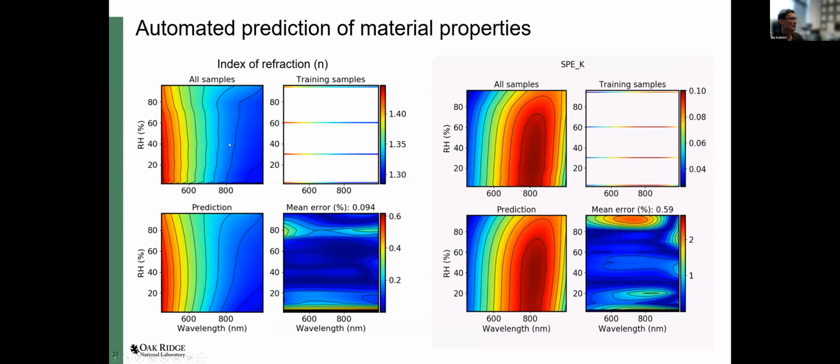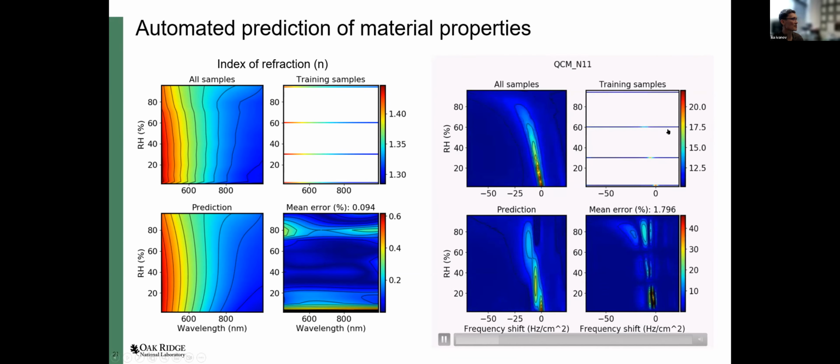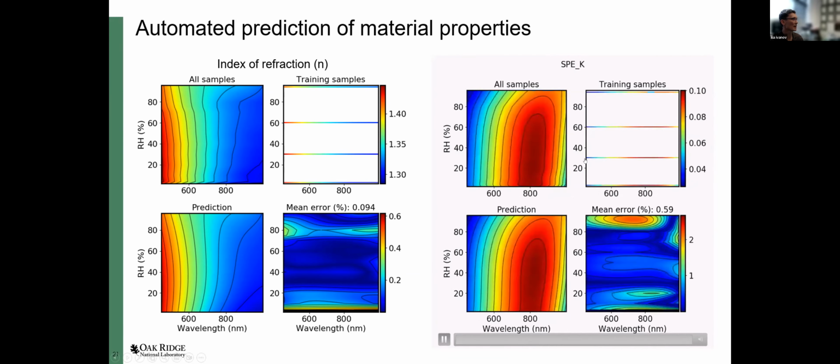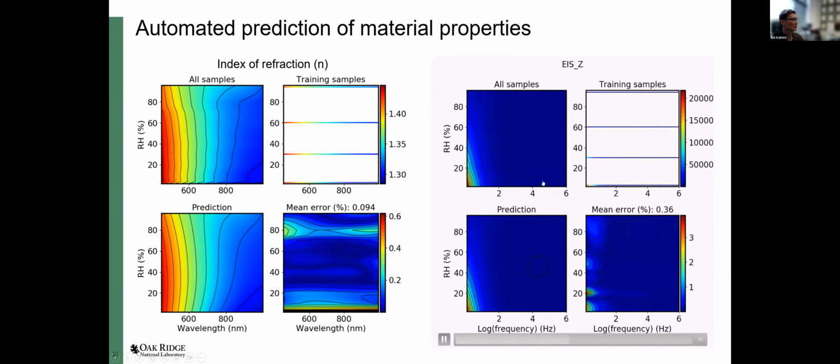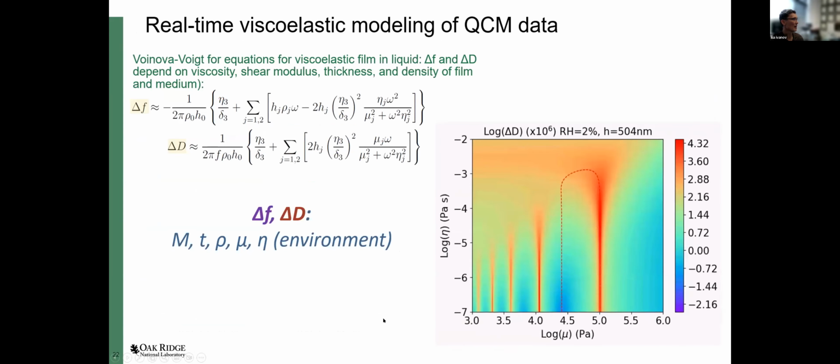With this big, high-quality data set, you can select only a fraction of your experimental set, this line, use it as part of the model, and see if we can predict the rest of the response. As you can clearly see in this image, just picking a slice of spectroscopic data as a function of RH, you can predict the response of the entire system pretty accurately.